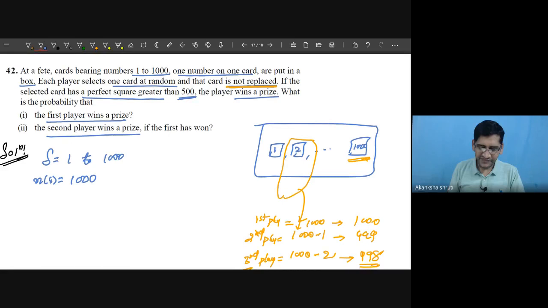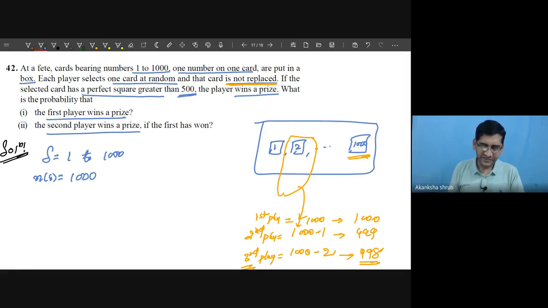Event is the perfect square greater than 500. So that you have to write first. So what are they? Perfect squares greater than 500 but less than 1000, you need to first search.